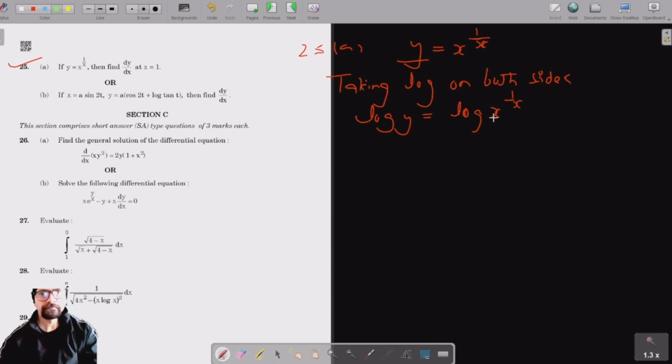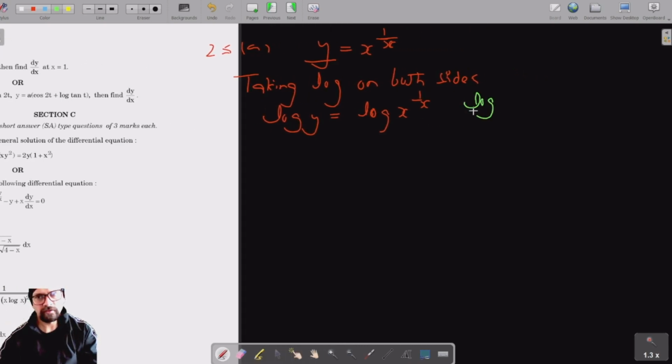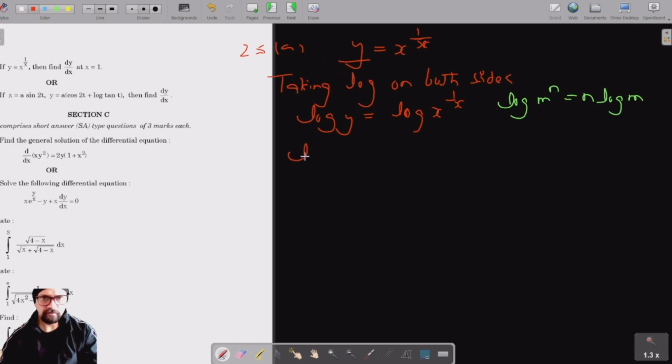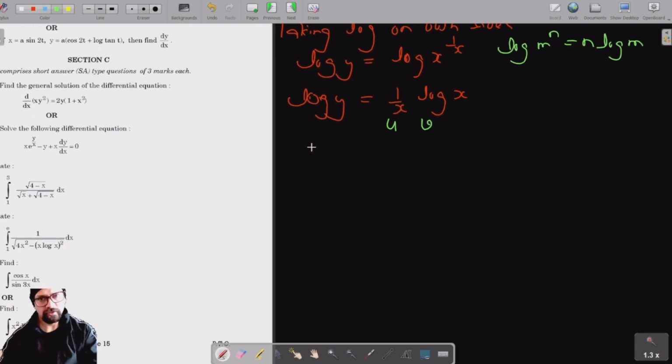Now, log m raised to the power n is equal to n log m. So this can be written as log y is equal to 1 by x into log x. And this is now u into v.